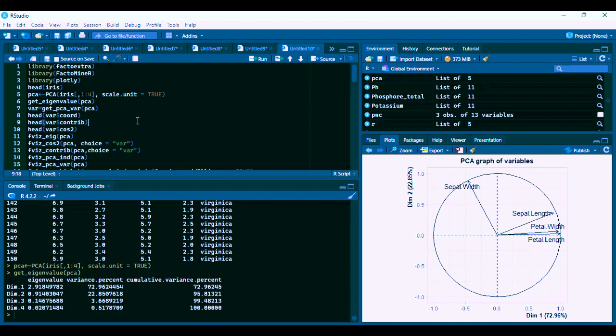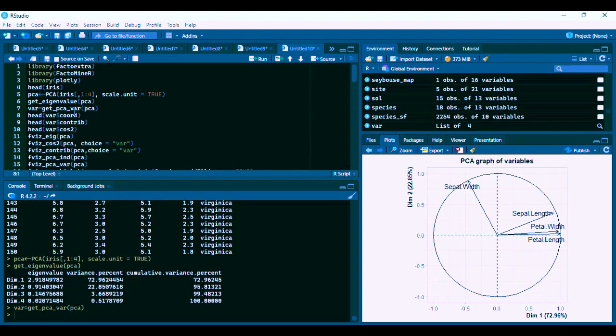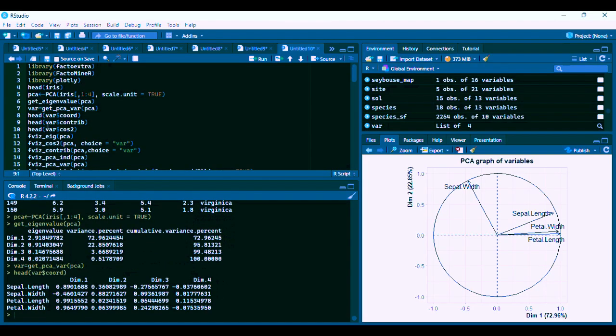So moving now to understanding coordinate, contribution, and cosine squared. Coordinate, for example: we can name this object var, using get_pca_var and selecting var, not individuals, for variables, and use the function head to show the coordinate of each variable according to each dimension.